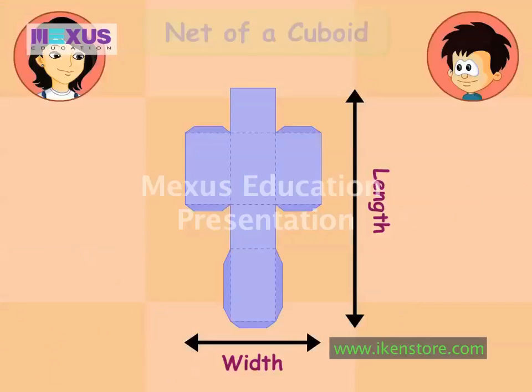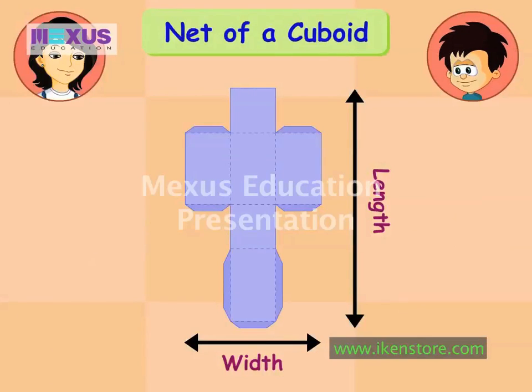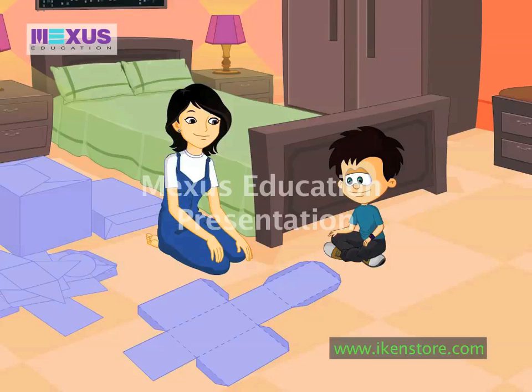How? Look, JC, if we fold along the markings, the two-dimensional cardboard shape forms a three-dimensional box. Okay, that means a net is just a cutout which when folded forms a three-dimensional shape.